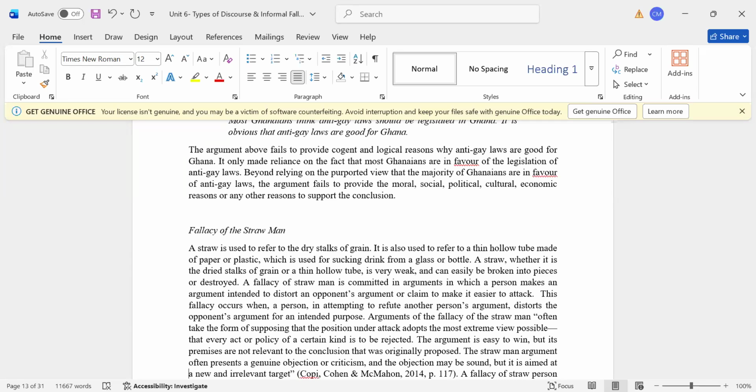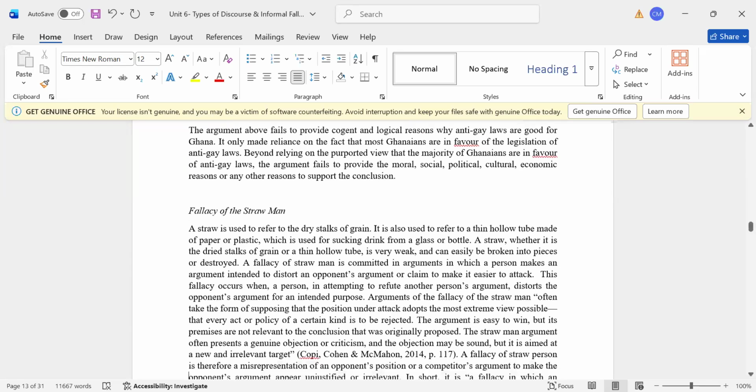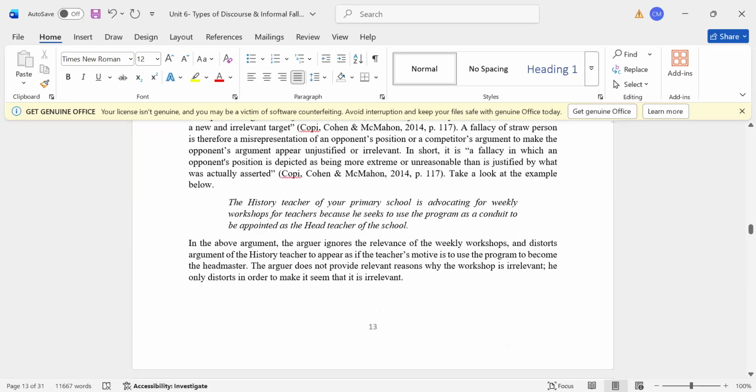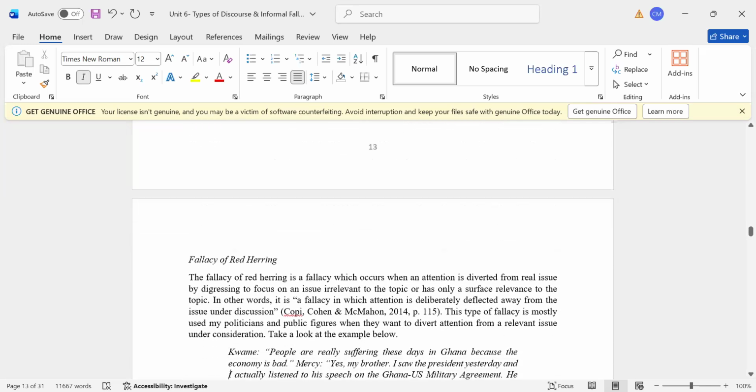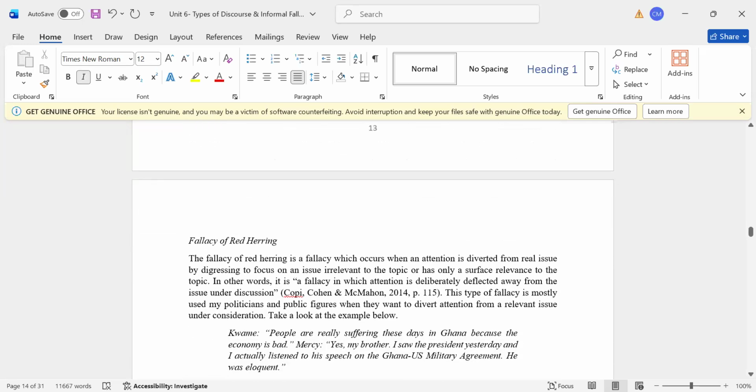So if you try to rubbish the presentation by not looking at the relevance of the facts that have been presented, and rather focus on how he found it difficult to pronounce economy, that is a fallacy of the straw man. Are we fine? Yes, sir.